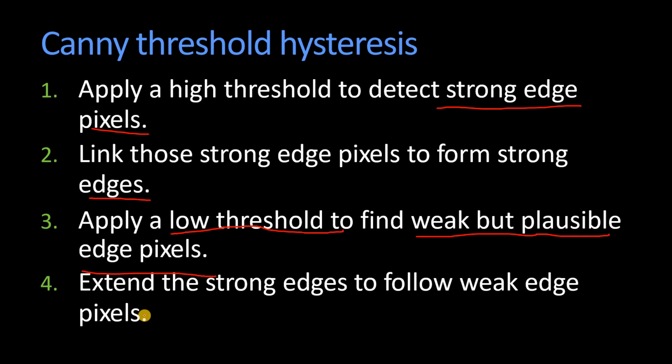If you keep the higher threshold value high, then that will only detect strong edges. And if the low threshold value, if you keep it high, then you will be ignoring, you will easily discontinue that line.